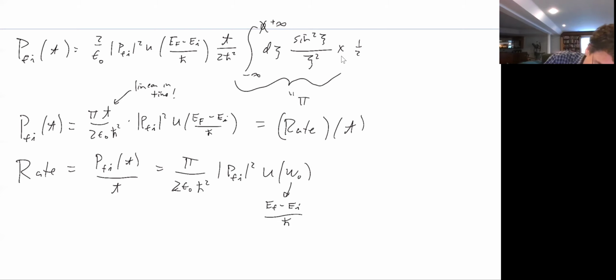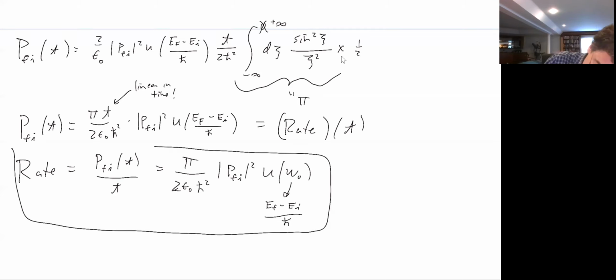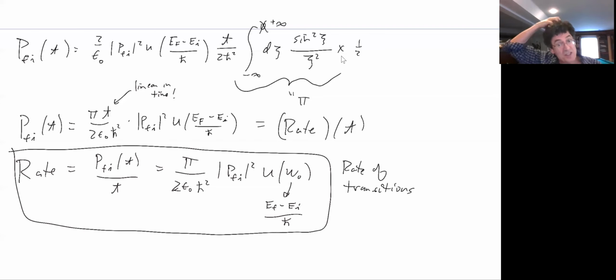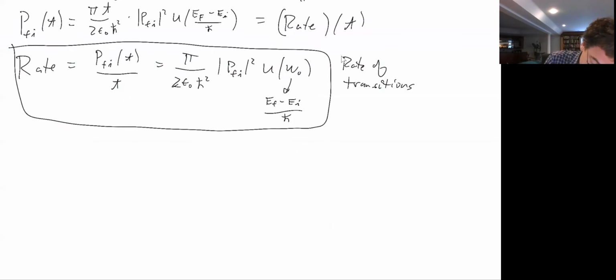And so that's the rate of transitions. And so we can see that the transitions are happening. Remember the initial setup was I had the sun, which is sending out some broadband U of omega to my leaf, which was shaped like this.